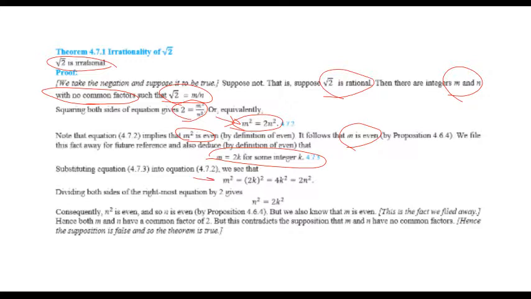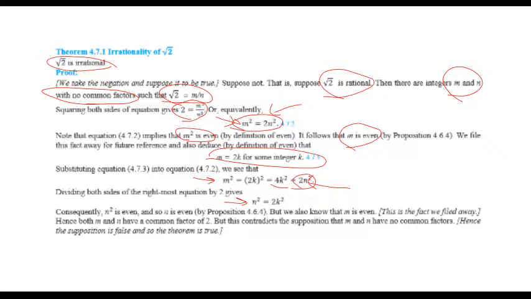So m squared, which is equal to (2k) squared, which is 4k squared, is equal to 2n squared, because here we had m squared is equal to 2n squared. So by dividing both sides of this equation by 2, we get n squared is equal to 2k squared.